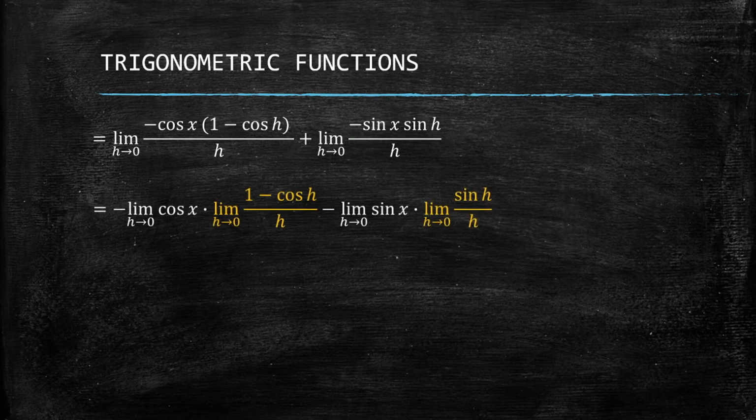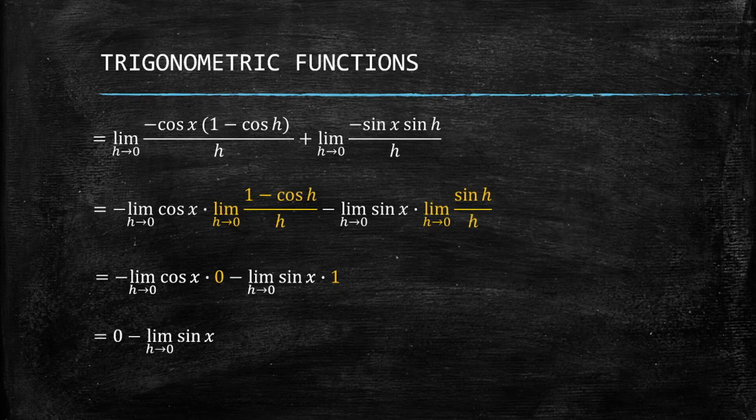Of course, if we separate, we have now the limit of 1 minus cos h over h, and here we have the limit of sine h over h. We use the scalar property, or the constant multiple property, of limits. That's why we have minus limit of sine x here. And we know that the limit of 1 minus cos h over h as h approaches 0 is 0, and sine h over h as h approaches 0 is 1.